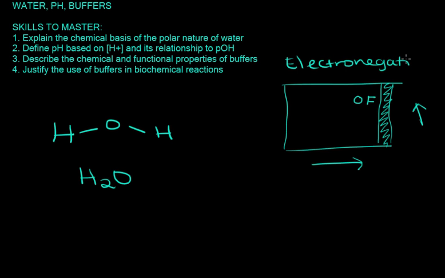Electronegative. And so what that means is that the oxygen, when it forms covalent bonds, is going to pull the electrons towards itself. Electrons have a negative charge, so when these bonds are formed, it causes a slightly negative charge on the oxygen, which is pulling those negative electrons towards itself.